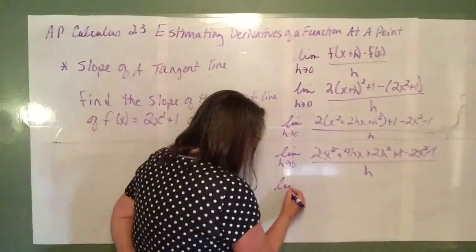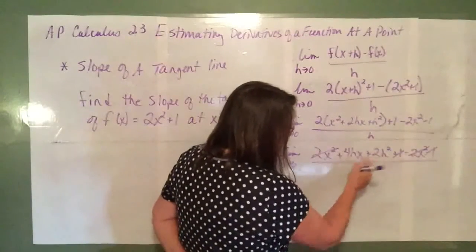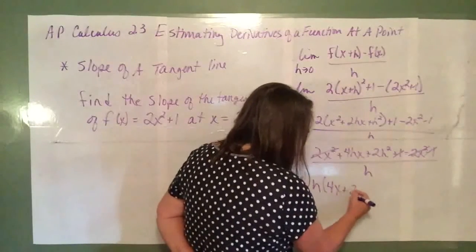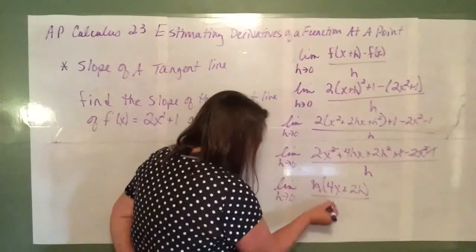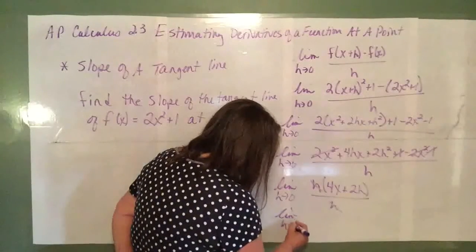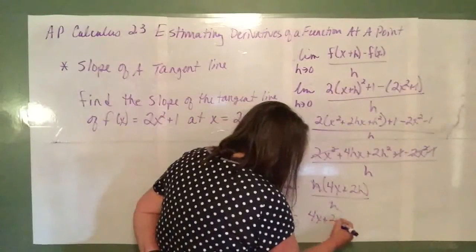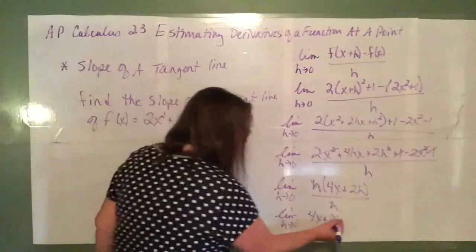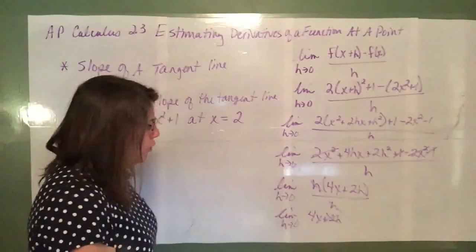So that leaves us with, if we bring an h out of all the other terms, h times 4x plus 2h. That's still over h. My h's cancel, leaving me with the limit as h approaches 0 of 4x plus 2h. Well, as h approaches 0, that 2h will become 0. It cancels out. So that means my derivative is 4x.